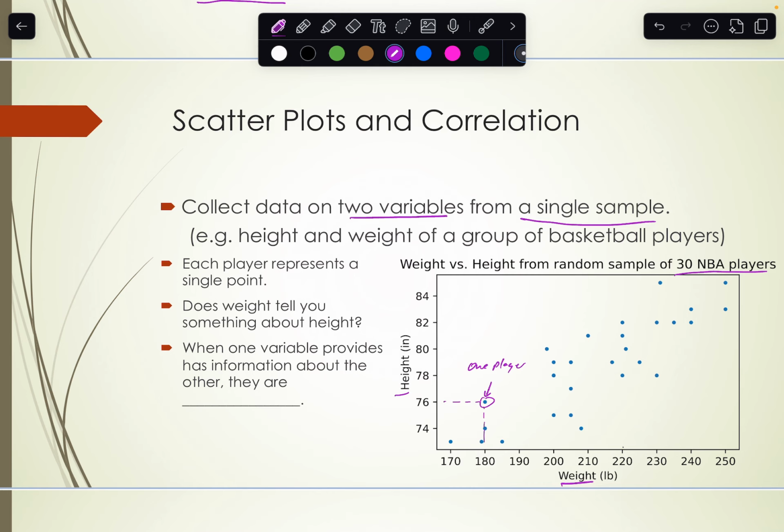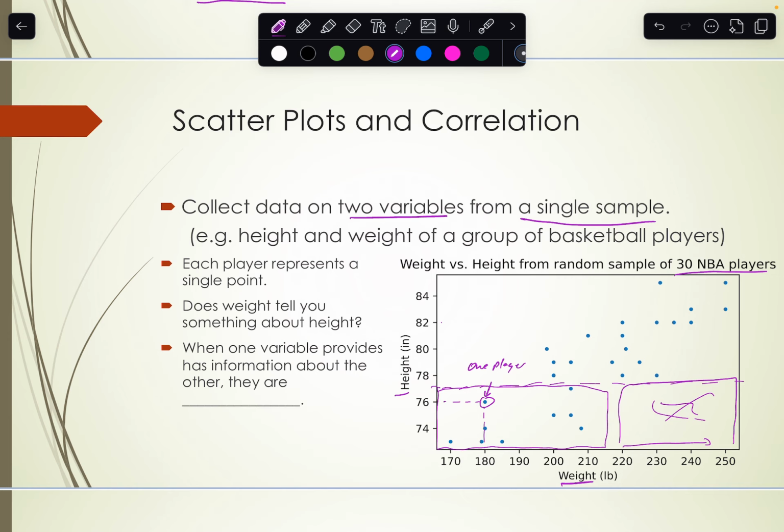Does weight tell you something about height? It kind of does. It kind of tells you something about height. If somebody weighs a lot, like if they weigh in this region, there's no NBA player that weighs this much and is less than 77 inches tall.